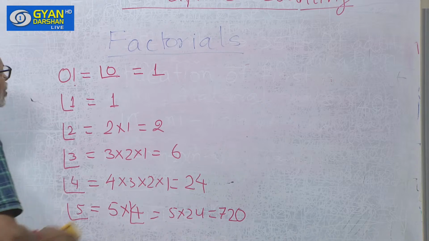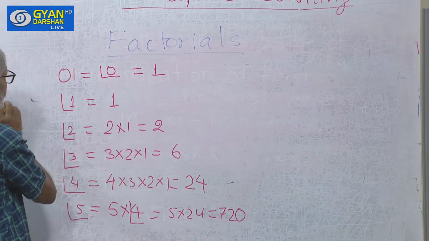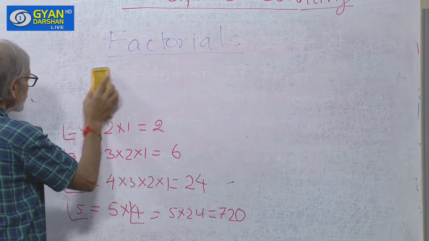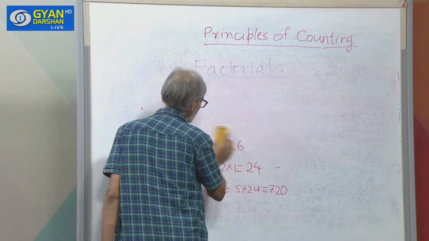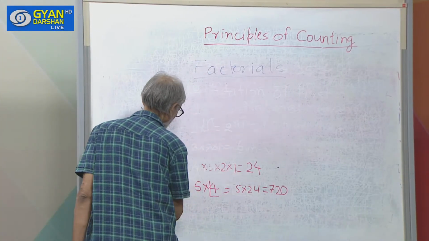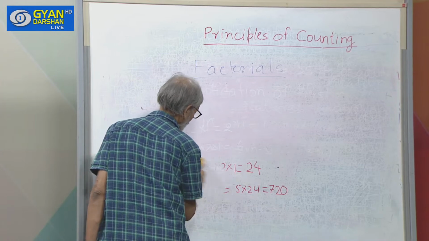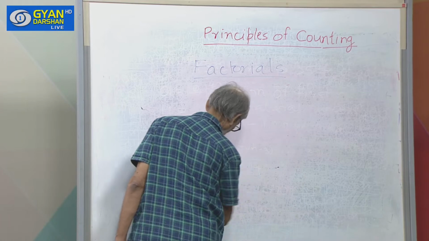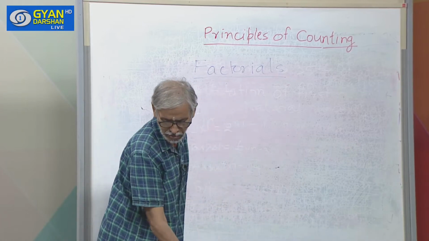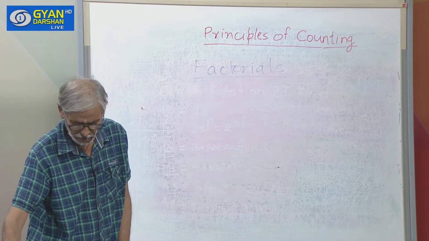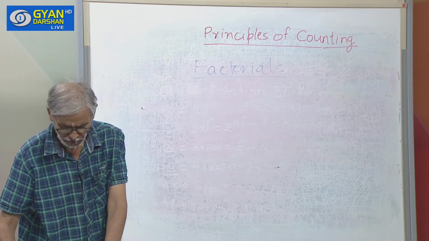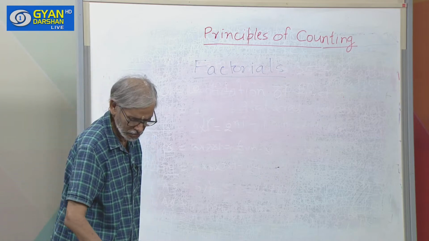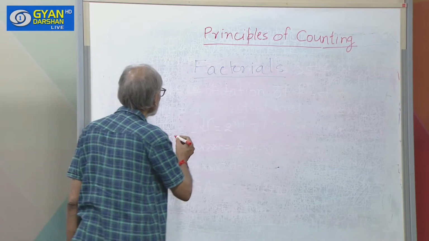Now, let us take a few more examples on factorial. It is very simple.